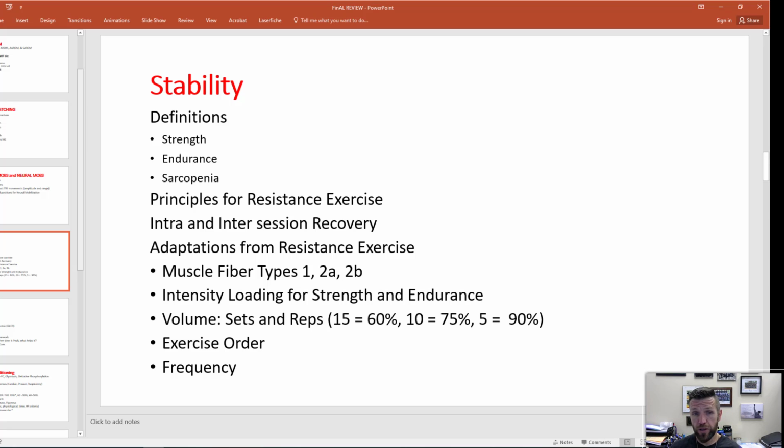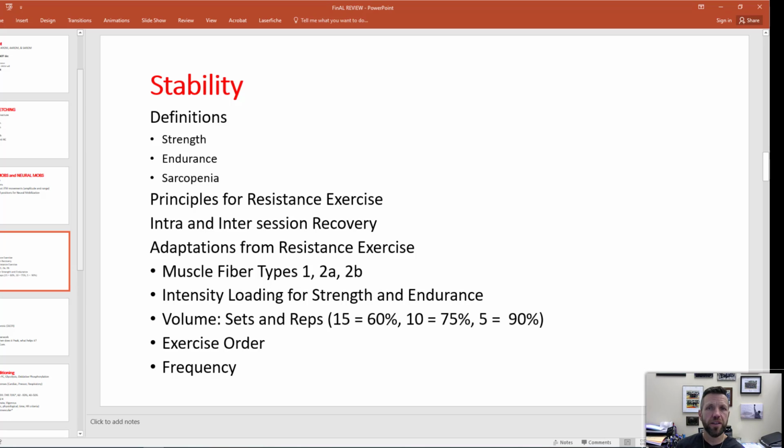Another adaptation concept that you need to understand is that all muscles have a mixture of fiber types. It's not that the calf muscles are all type 1 or type 2. They're a little bit of both, and depending on your genetics and your training, you basically build into having more of type 1 or more of type 2.